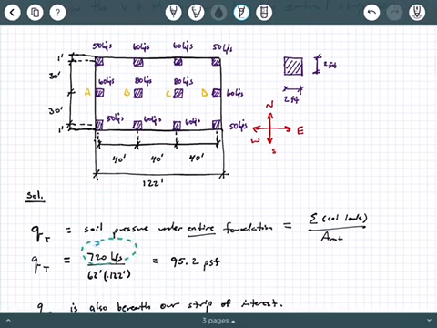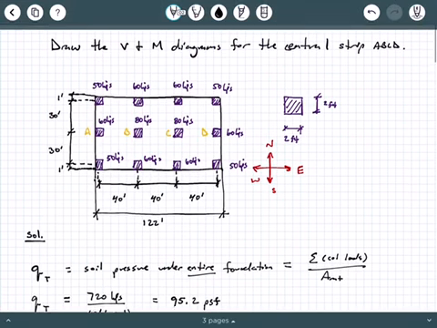When we sum that up, we get 720 kips divided by 62 times 122 feet squared. Calculating that, we get 95.2 psf. I went ahead and converted to psf so it doesn't look like 0.122; it's 122 feet. You get a pressure value, so I put it in psf.